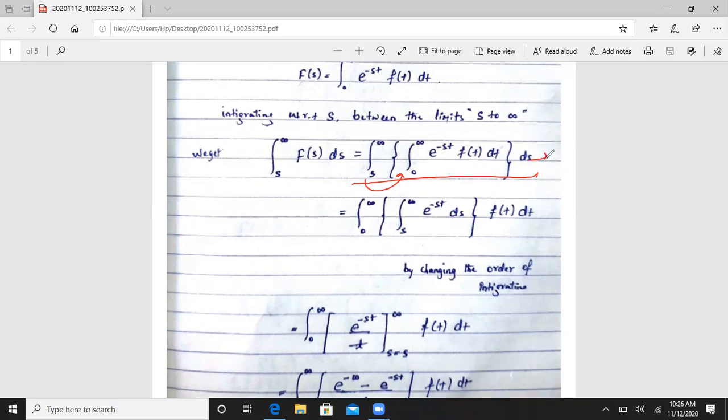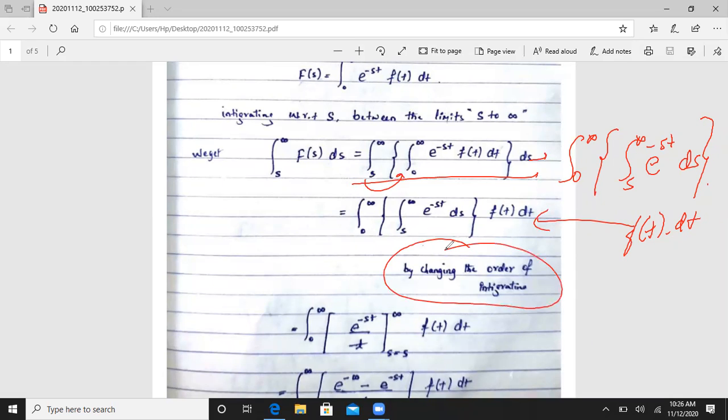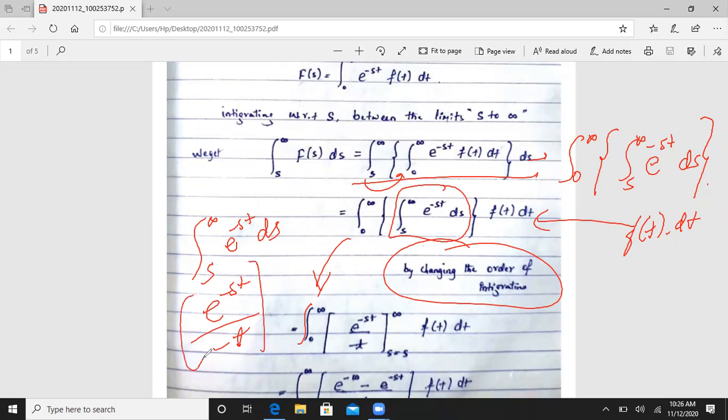That means the integration from 0 to infinity, into the integration from s to infinity of e to the power minus st ds, into our remaining function f of t dt. So we write the integration from 0 to infinity as it is, and when we integrate with respect to s, we get e to the power minus st divided by minus t, with limits s to infinity, and the remaining f of t dt as it is.